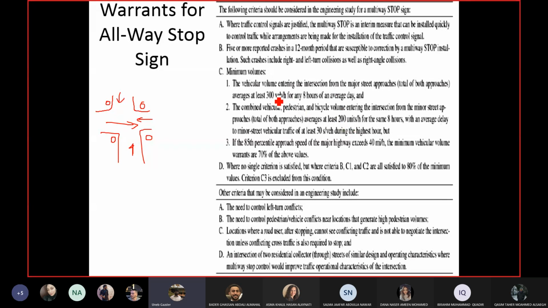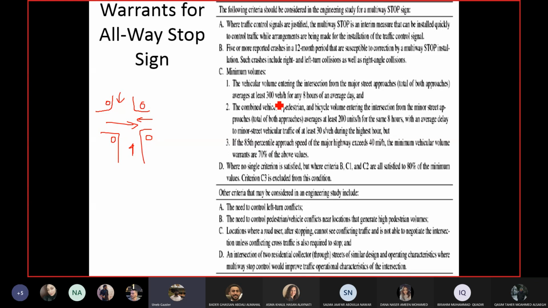So let's say the volume on the major road approaches is more than 300 vehicles per hour from 8 a.m. to 4 p.m., which is 8 hours. In the same time period, from 8 a.m. to 4 p.m., the volume on the minor road approaches is not below 200 units per hour.